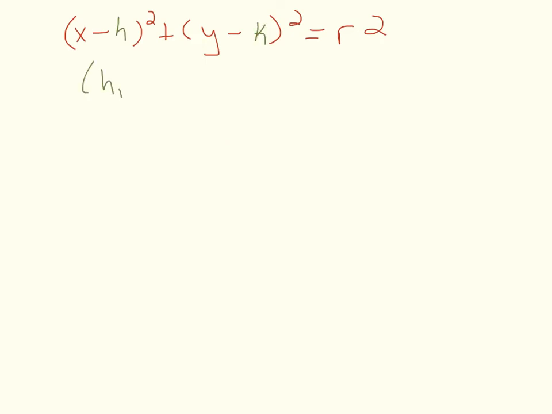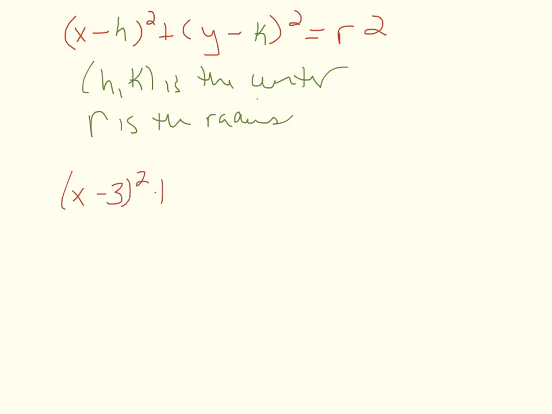And we found that (h, k) is the center of the circle, and r is the radius. So in other words, if I had an equation, x minus 3 squared plus y plus 4 squared equals 25, then I would know that the center of this circle is (3, -4), and the radius is 5.